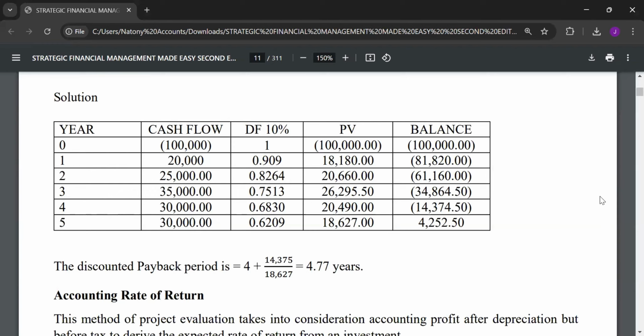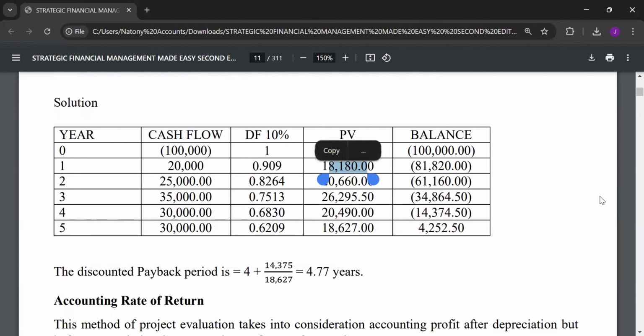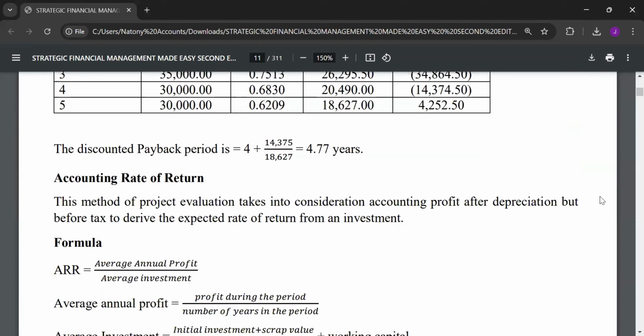But for year 1, 20,000 is received, it's discounted, it becomes 18. So it is this 18 that you deduct from the 100,000. Everything that you have here is like you're having this 18, you deduct it from this 100. Deduct 20 from 81. So whatever you have, the same way, that's what you're going to do.